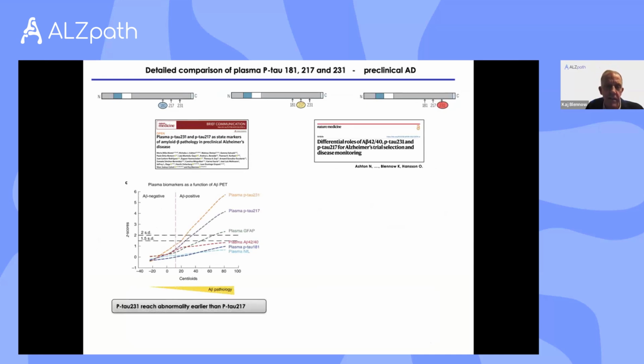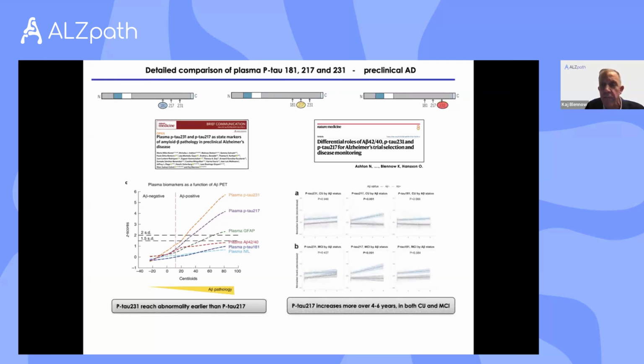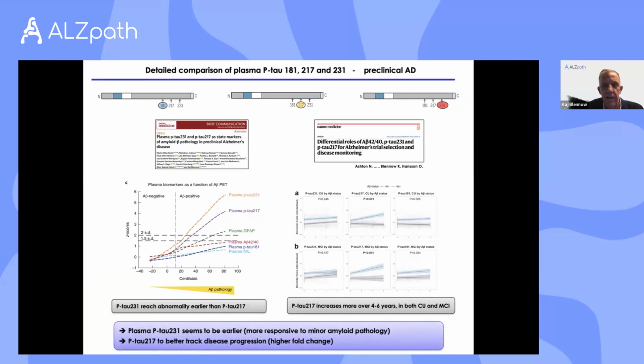And it looks a bit like this, that 231 seems to react a bit earlier than 217 on amyloid pathology, but with time 217 catches up and increases more and more, both in unimpaired and in MCI cases, and seems to better track disease progression with a higher fold change.